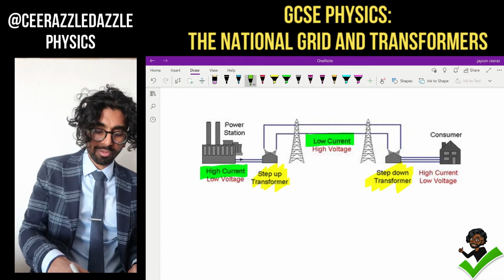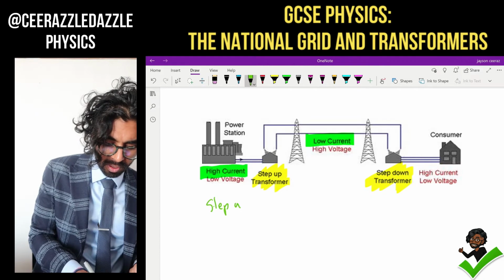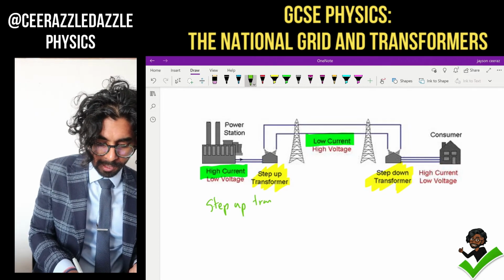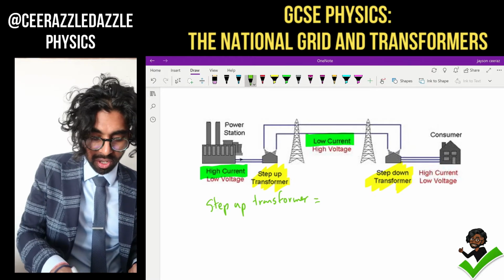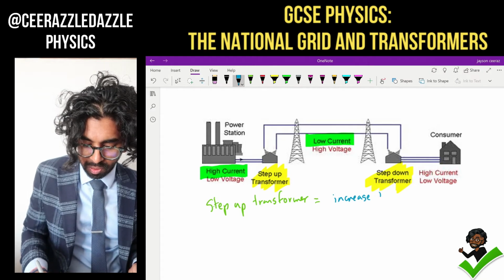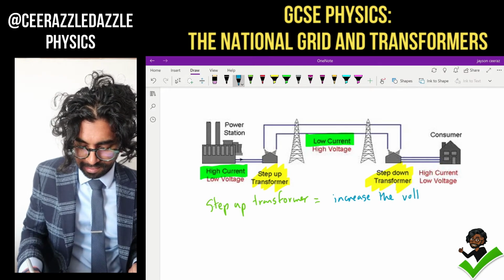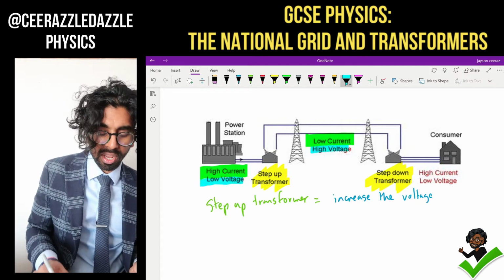So step-up transformer, let's put that down here. It will increase the voltage. Have a look, make sure we can see that. Look, so the low voltage goes in, it's now got higher.